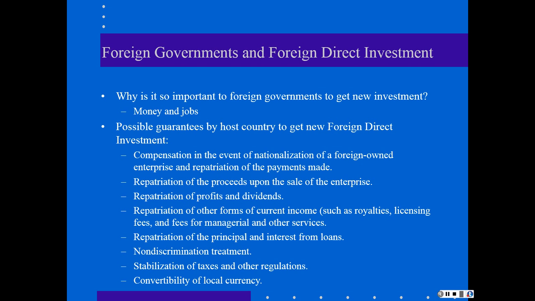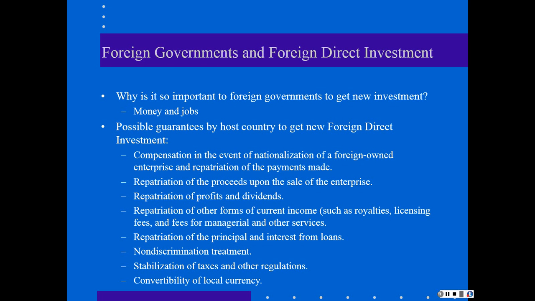Well, to prevent this risk of nationalization, the foreign country may offer compensation in the event they have to nationalize the foreign-owned enterprise, or if they might have to stop repatriation of the earnings of the foreign-owned enterprise.